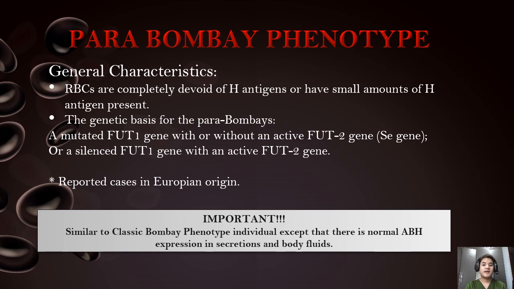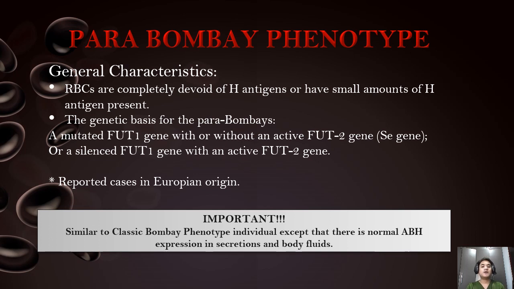Remember that FUT1 is your H gene, while FUT2 is your secretor gene, and that both encode the same enzyme, which is your L-fucosyl transferase. The former is responsible for the formation of the ABH antigens on your red blood cells, while the latter encodes for the formation of your ABH antigens in your body secretions or soluble substances.